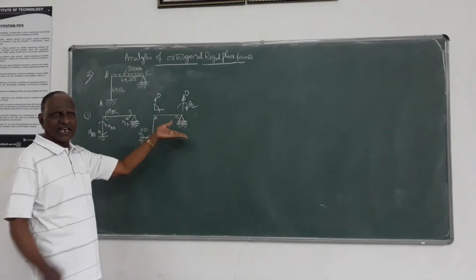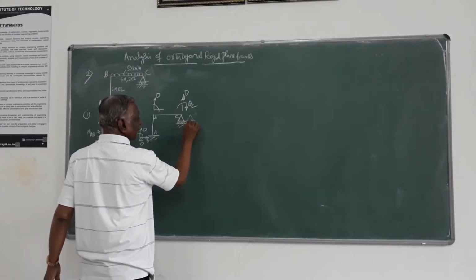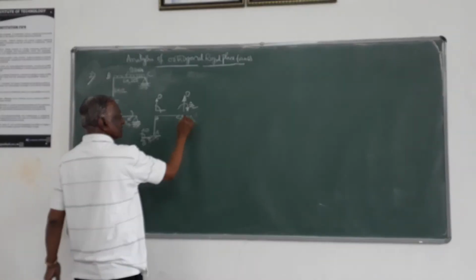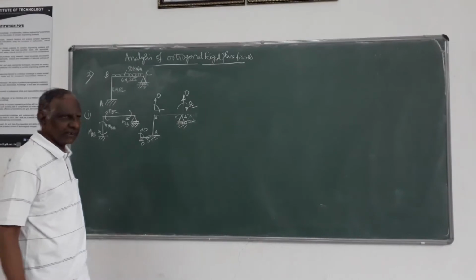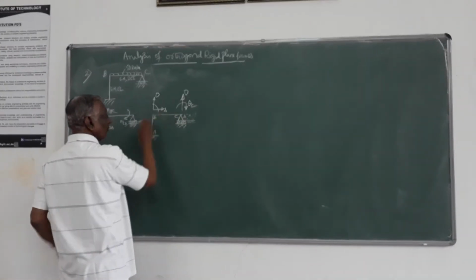It is not hinged, as in the previous example we saw. Here it can move. So if you take movement in the right direction, this can move by a certain amount. Say arbitrarily you can take delta as the movement. So the same movement should be there at B, delta.